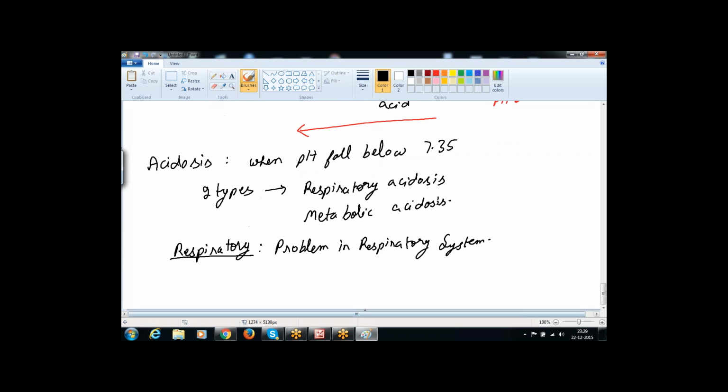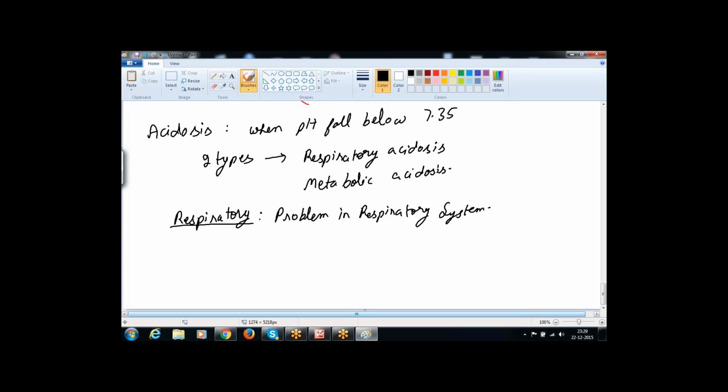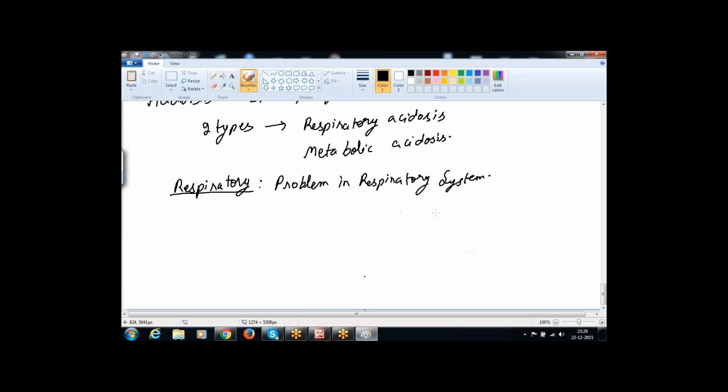Any respiratory disease. It can be tuberculosis, pneumonia, lung abscess, asthma, any respiratory problem due to which the respiratory system is not exhaling enough carbon dioxide. It is not getting rid of the carbon dioxide. It is not able to take in enough oxygen and give out enough carbon dioxide.